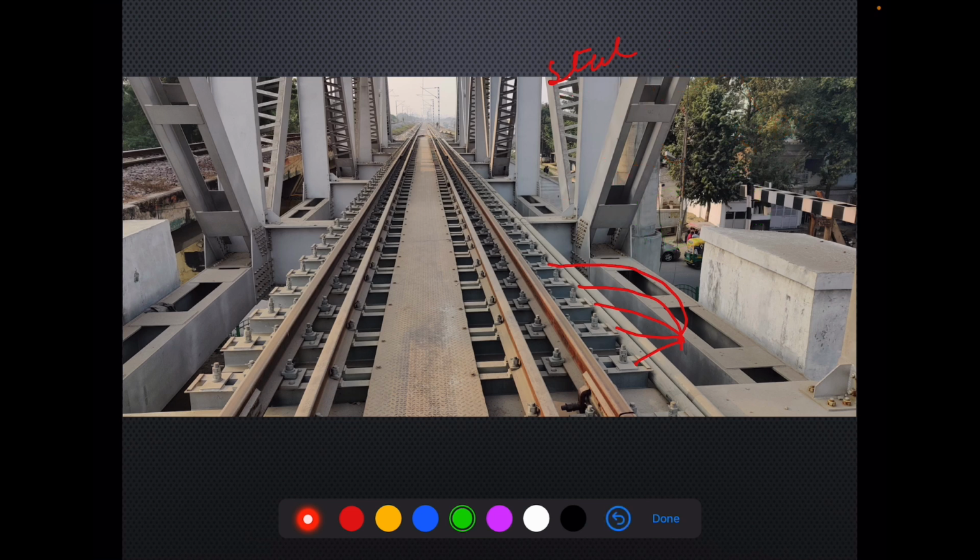So what you are seeing here is basically channel sleeper, which is made up of two ISMC sections. So this is how the running rail is fixed with the channel sleeper, and this is how the guard rail is fixed with the channel sleepers.